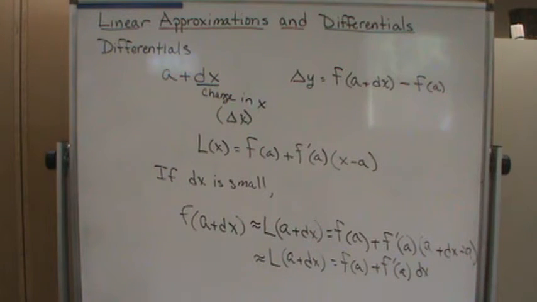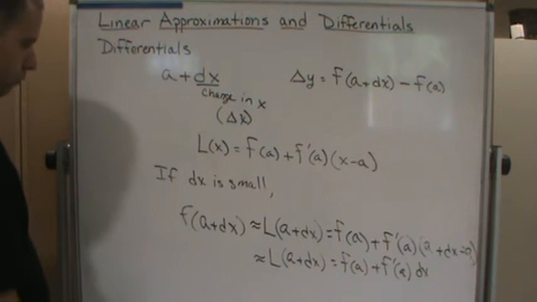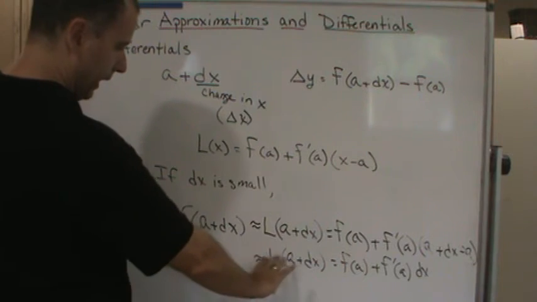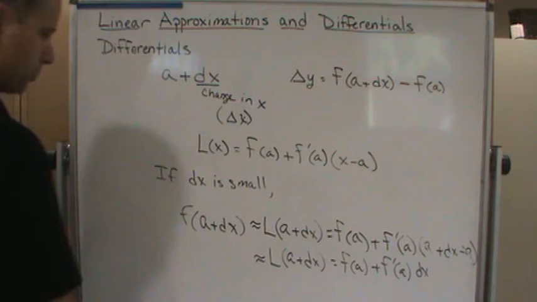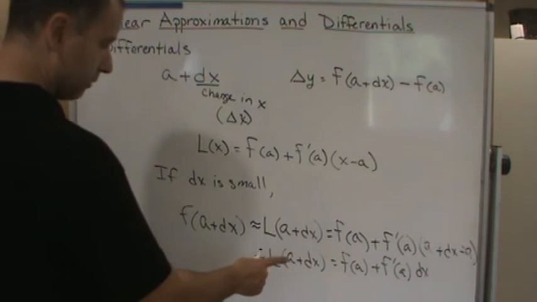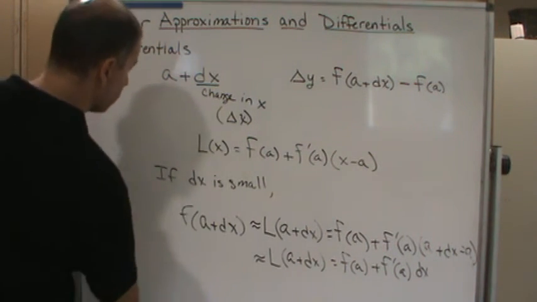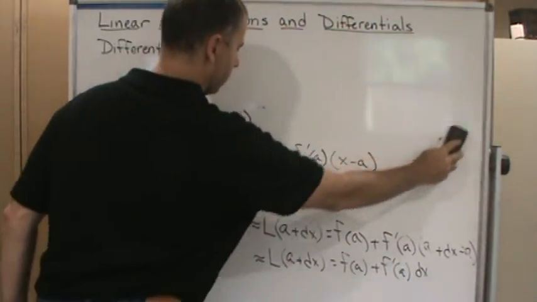So now what do we do with that? Well, let's go further. If dx is small, we have this, but now let's subtract f of a from both sides.